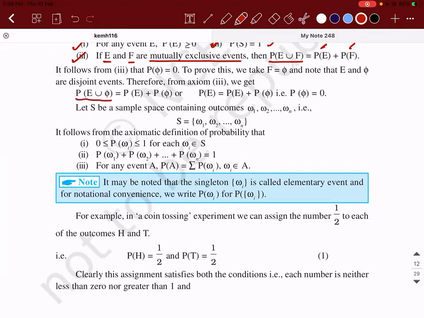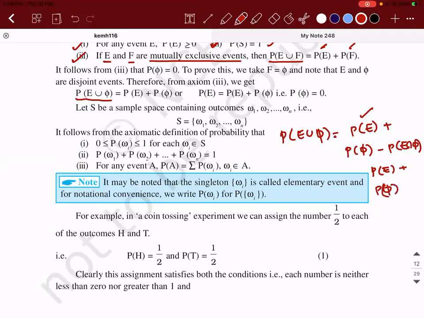P of E union null set is equal to what? See, probability of E union null set is equal to probability of E plus probability of null set minus probability of E intersection null set.